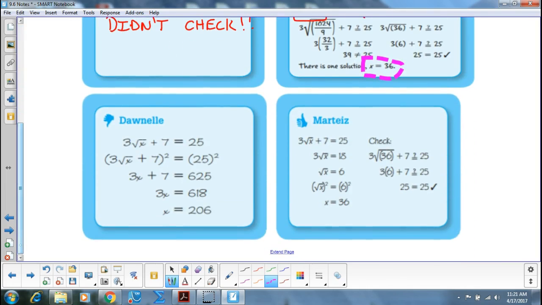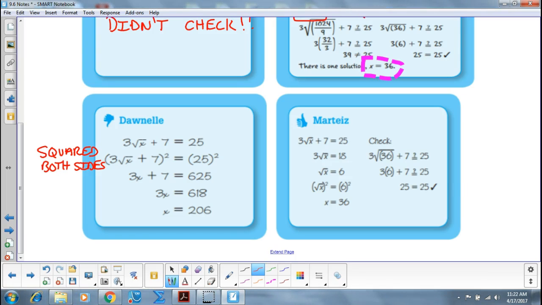What did Donnell do? First, she squared both sides, but she didn't actually. She just took the square root away. Now, in this particular problem, can we just take away the square root?